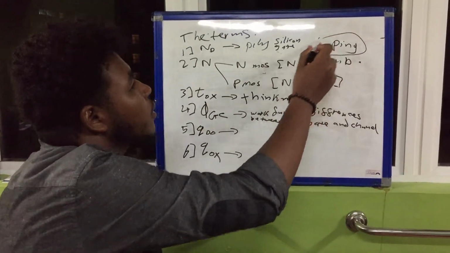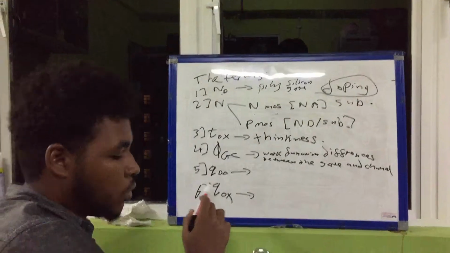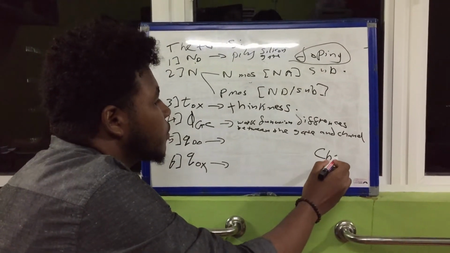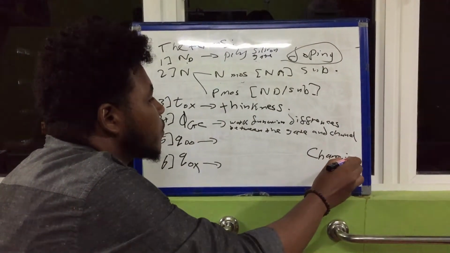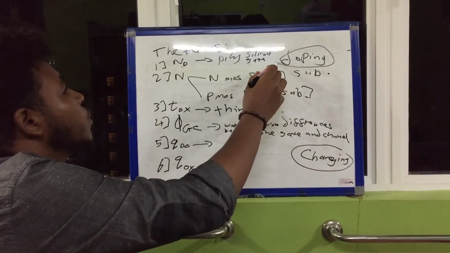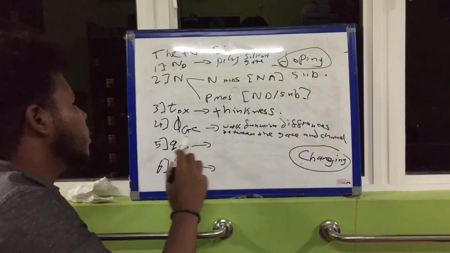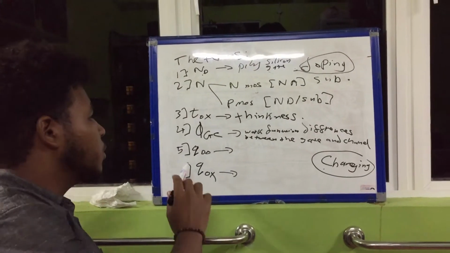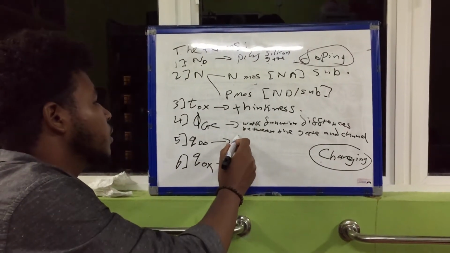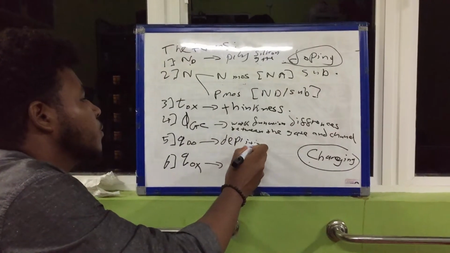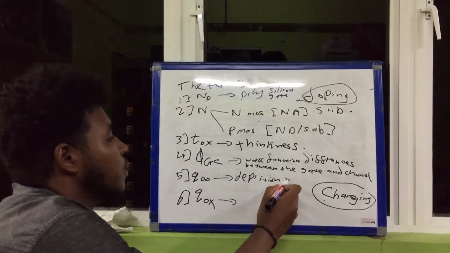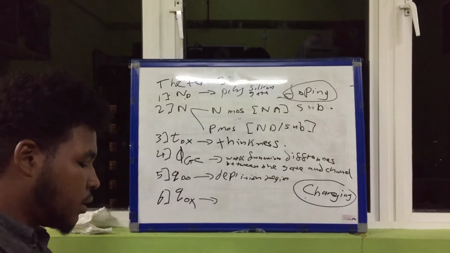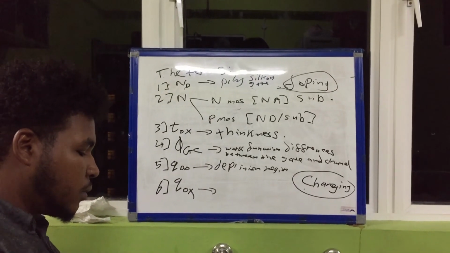N, as we said, is doping. Now we are talking about Q. Q is charge. N for numbers 1 and 2, and charge Q for 5 and 6. QDO is the depletion region, and the last one is QOX, which is fixed positive charge.